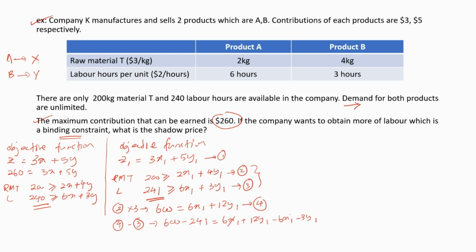These two will cancel each other out. Y1 is equal to 39.89.